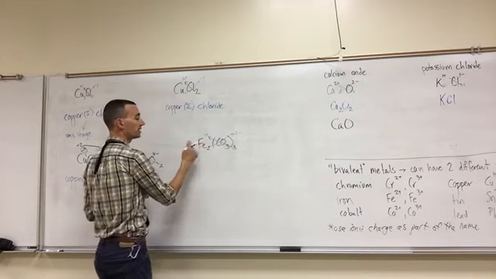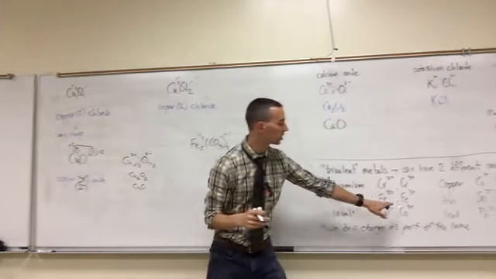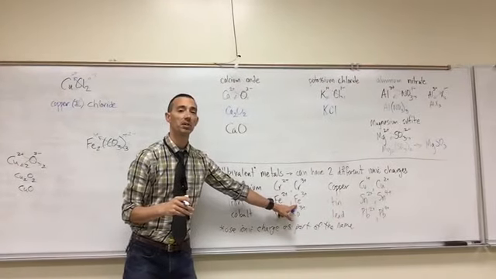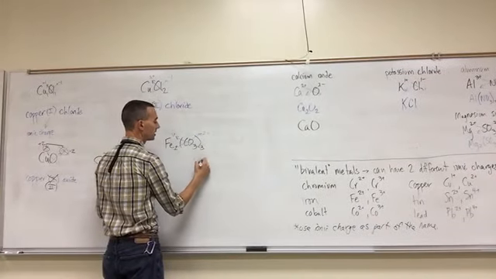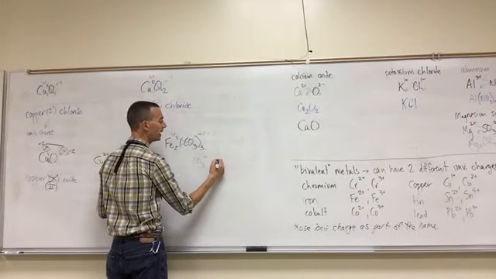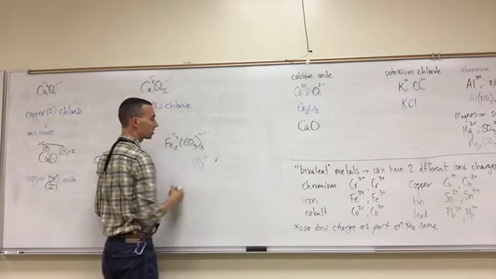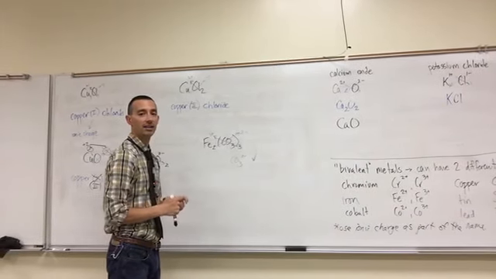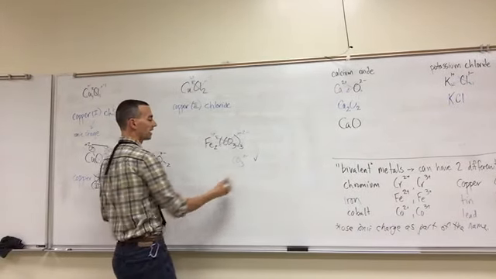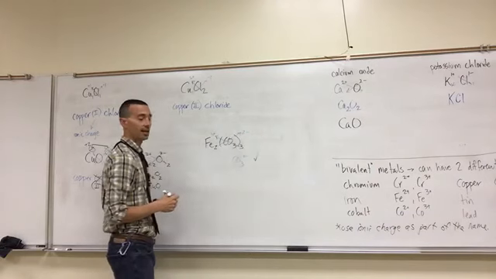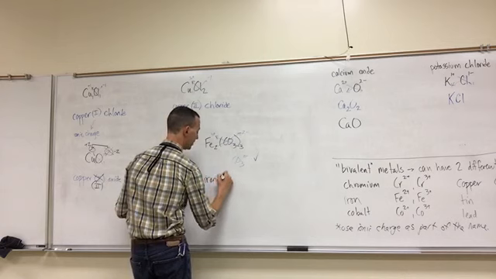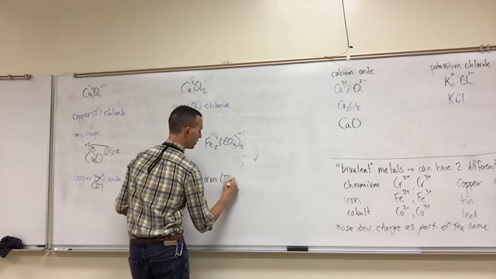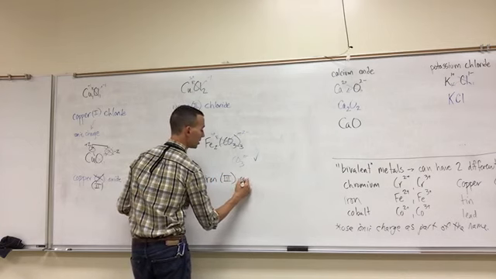What do we know? This is one of the possible charges of iron. Iron can be +2 or +3. But we should double check. CO3 2-, that's correct. That's called the carbonate ion. So we've identified the correct charge on that ion. So now we can go ahead and name this as iron 3, because that's its ionic charge, carbonate.